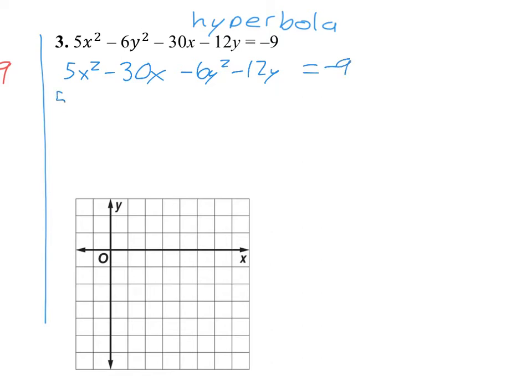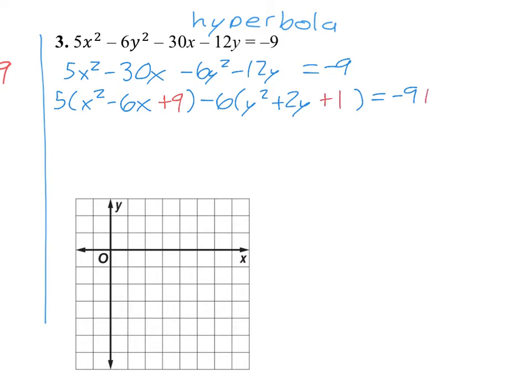Take out a 5 for the x terms, so 30 divided by 5 is 6. Leave a gap. Take out a negative 6 for the y's, so y squared plus 2y, and I leave a gap. All right, let me complete the square. For the x's, I need a plus 9, and for the y's, I need a plus 1.